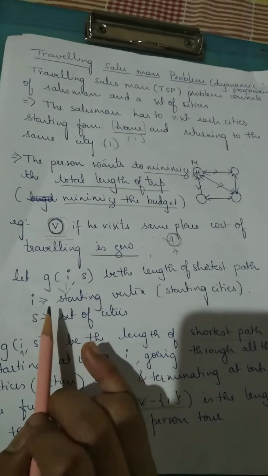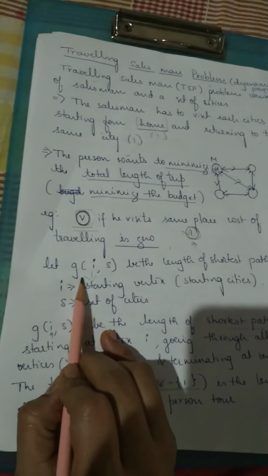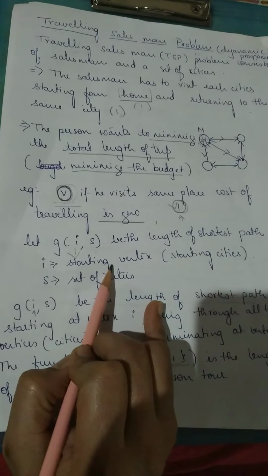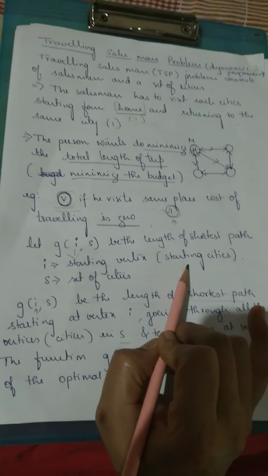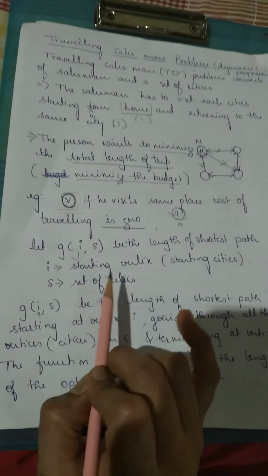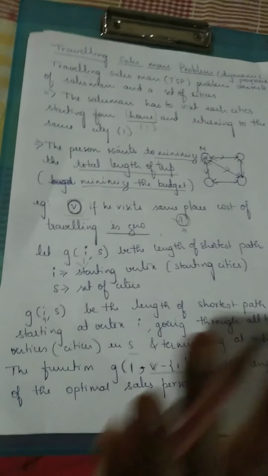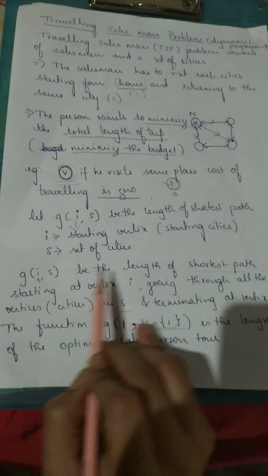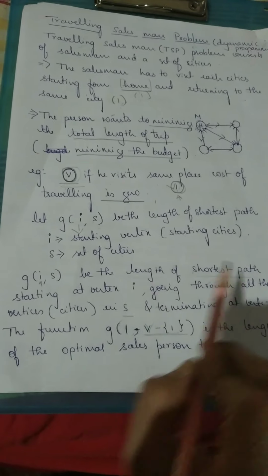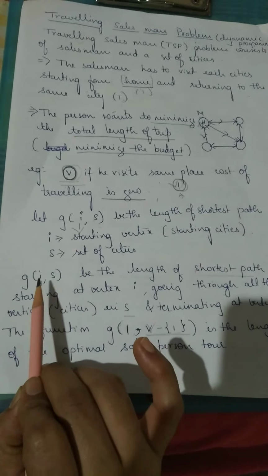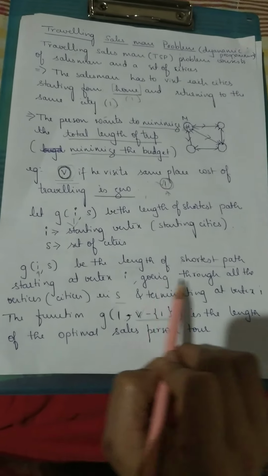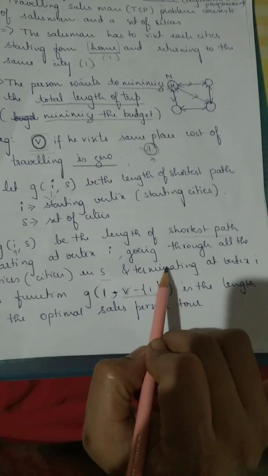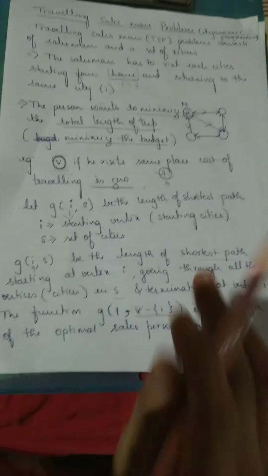Let us generalize the problem. Let us take a graph G of I comma S, where I is the starting vertex, or I can say the starting city. S is the set of cities other than I. So I can make G of I comma S be the length of the shortest path starting at vertex I and going through all the cities in S and terminating at the ith city.